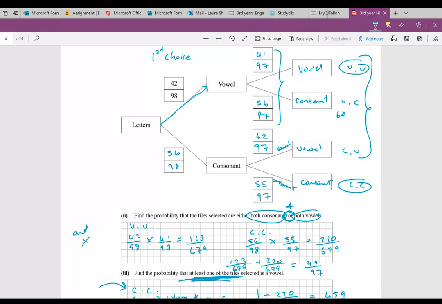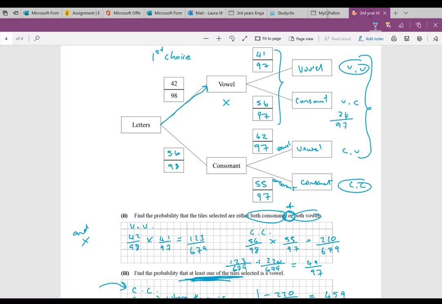That would be this probability, if you were to calculate for here, one and the other, so 42 times 56 over 97, you would have got 24 over 97.